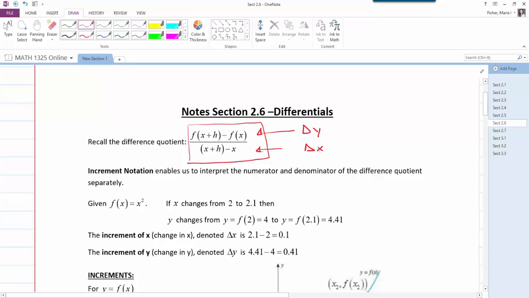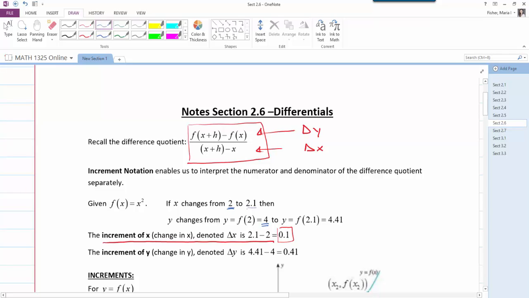So let's look at an example of what's going on here. Let's say we're given that f of x is equal to x squared. If x changes from 2 to 2.1, then the increment of x, or the change in x, is 0.1 units. And y is going to change. Well, if x is 2, y is 4.